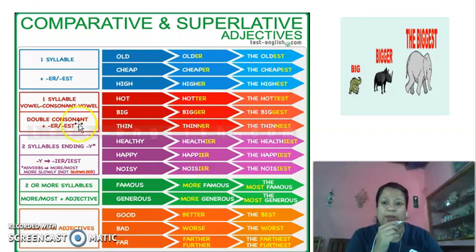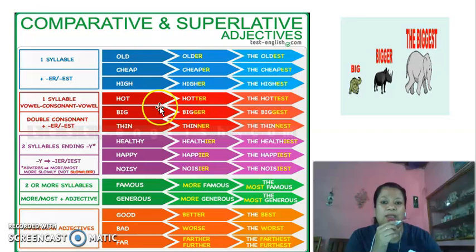Okay, now the next one, okay, when you have one syllable, which has a consonant, vowel and a consonant. Okay, for example, if you see the word hot, it has a consonant, then it has a vowel, then again it has a consonant. Now when you find these kind of words, okay, which have a consonant, vowel, consonant, the last consonant will become double.